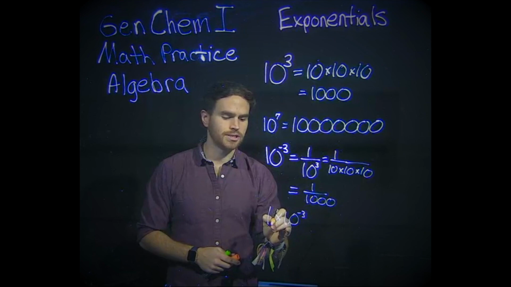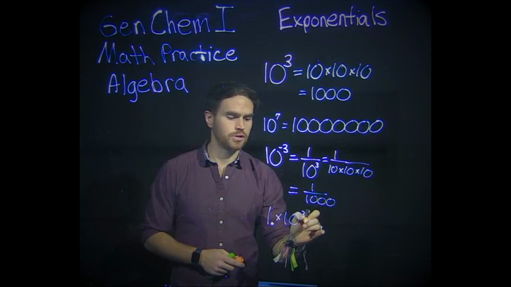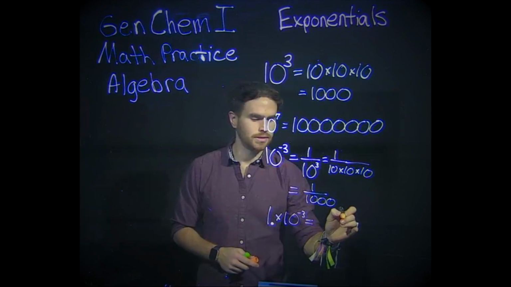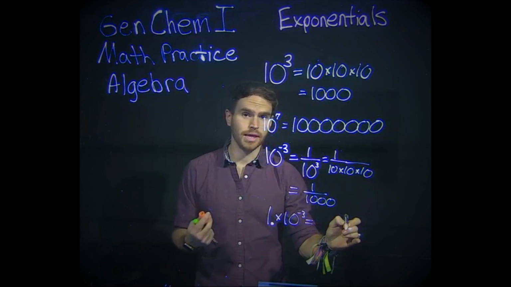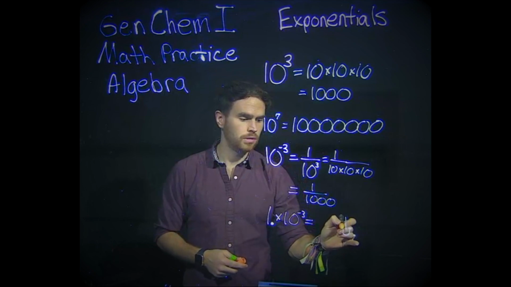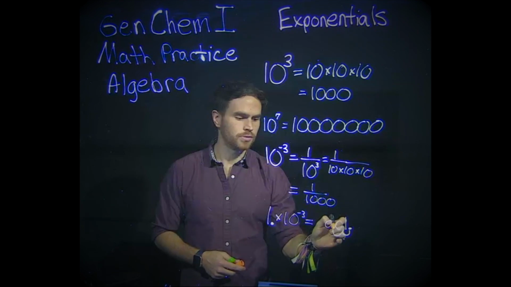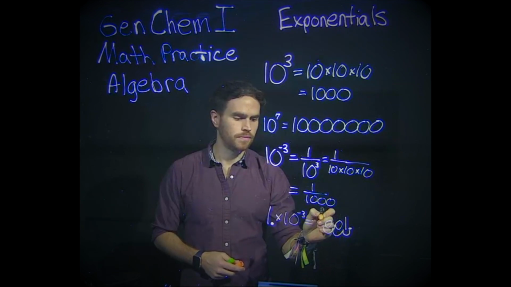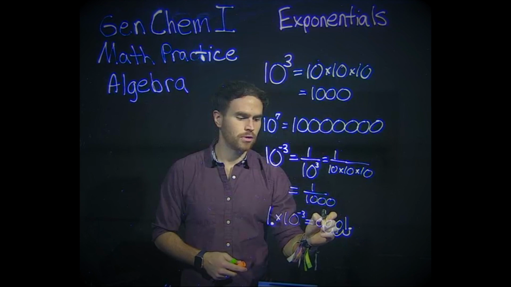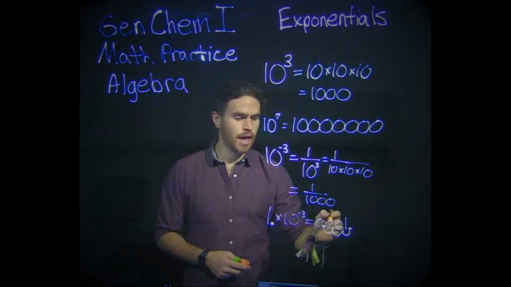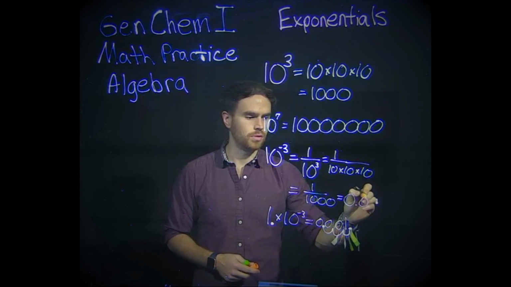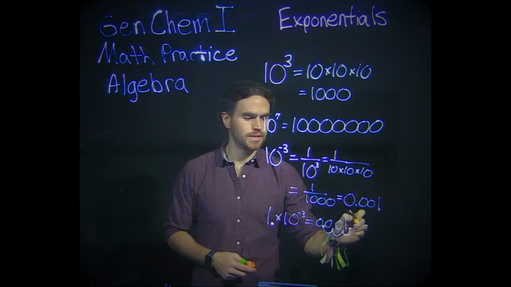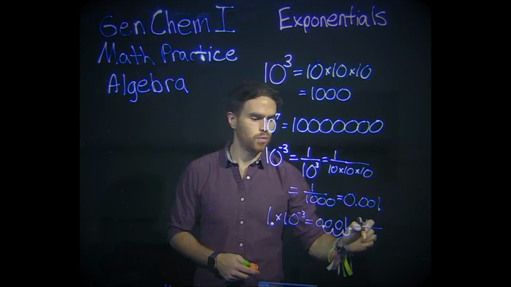If you have a decimal place here, take that 1 with the decimal place and move it over to the left 3 times. 1, we'll put in a 0, 2, put in another 0, and finally 3, and put in another 0. Now our decimal place is here, and this is the equivalent of 1/1000th, 0.001.